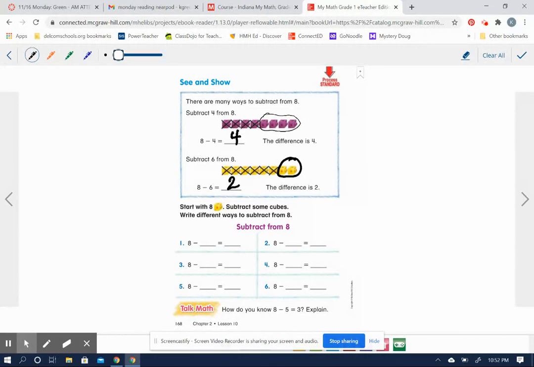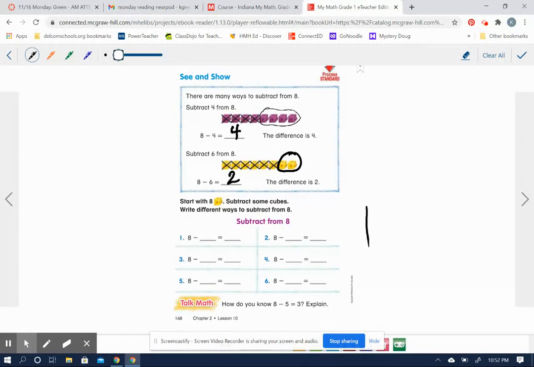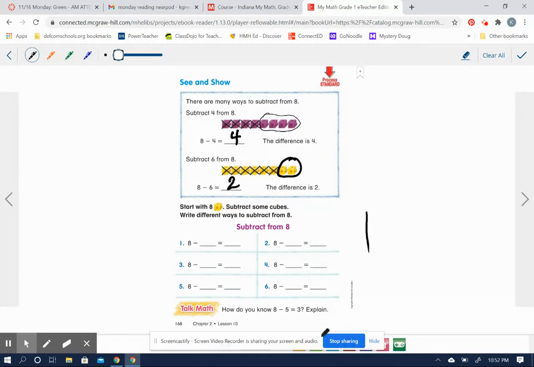Okay, so I thought I could scroll the paper up. We're going to start with 8 cubes on all of these subtraction problems. And then we're going to take away a different number each time. So, can I draw over? I cannot draw over here, but if it's in the paper area, I can.